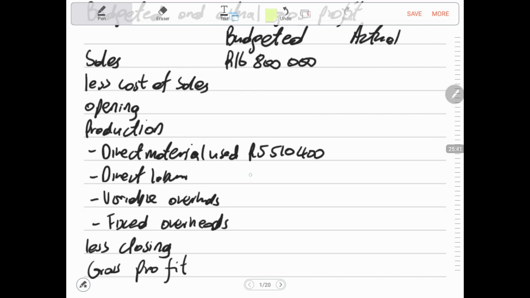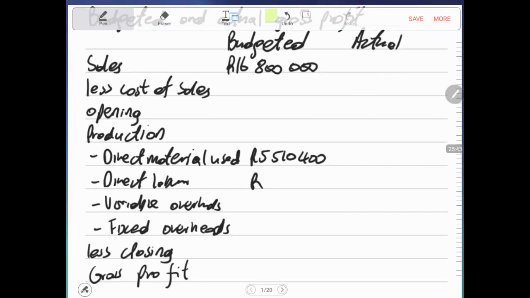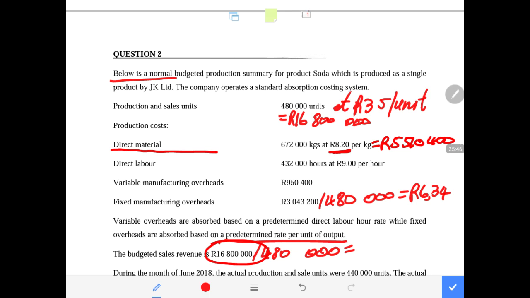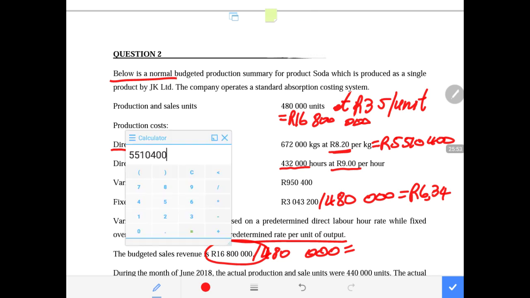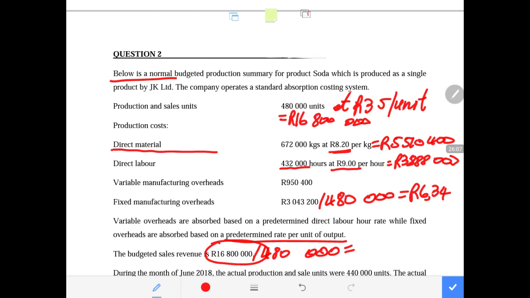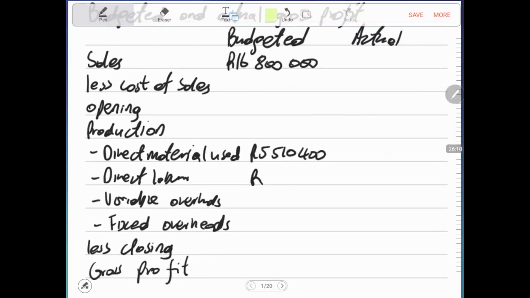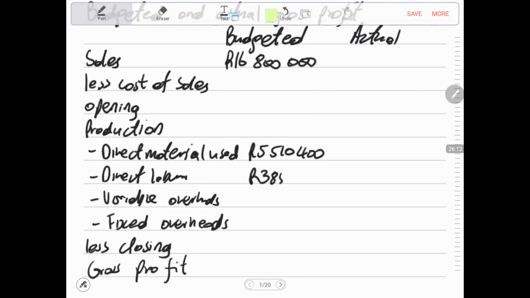Then we go to our direct labor cost. Our direct labor cost is given again as total hours and the rate budgeted per hour. Then the same scenario will apply. 9 rand times 432,000 hours gives a total of 3,888,000 rands. Then we paste our labor, 3,888,000 rands.